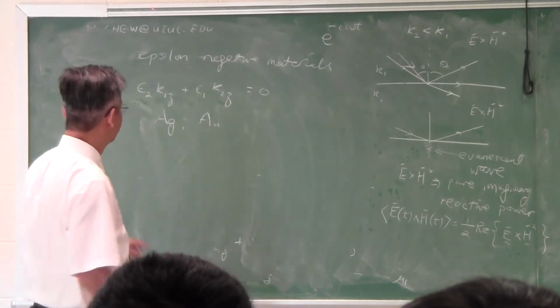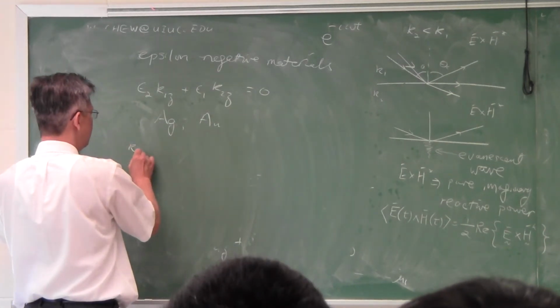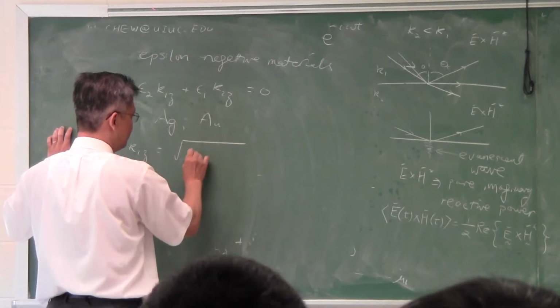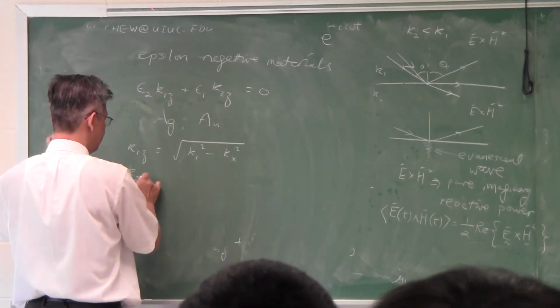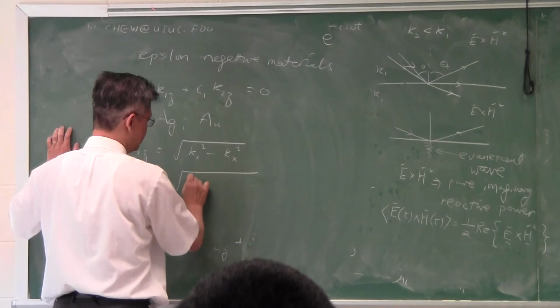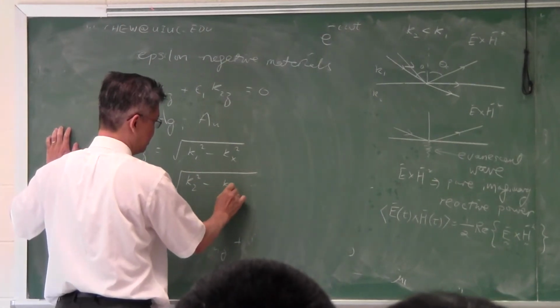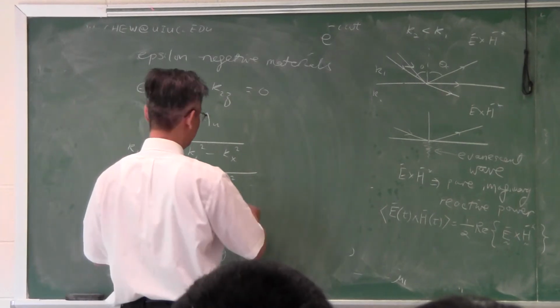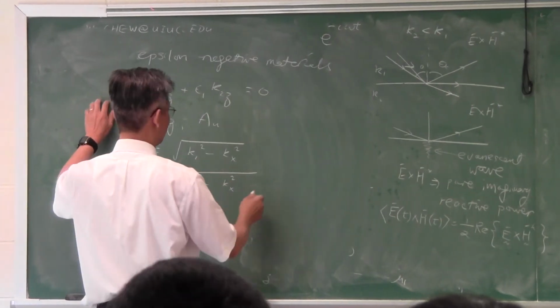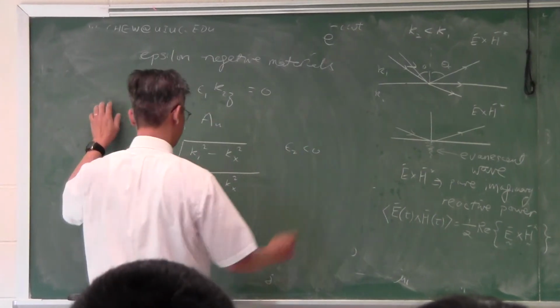Right, so you can have a situation where k1z is k1 squared minus kx squared, and k2z is k2 squared minus kx squared. Let's assume that one of them is epsilon negative. Let's say epsilon 2 is negative.